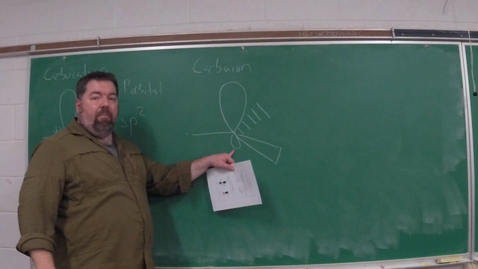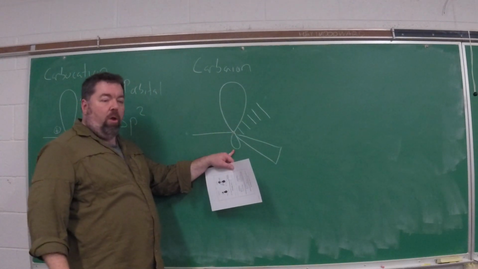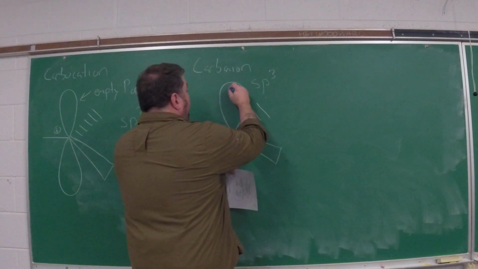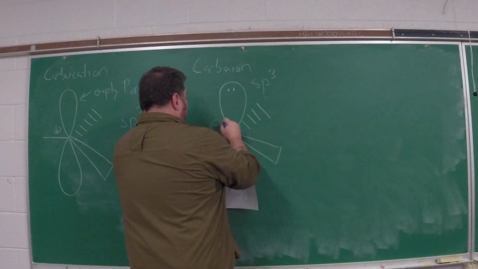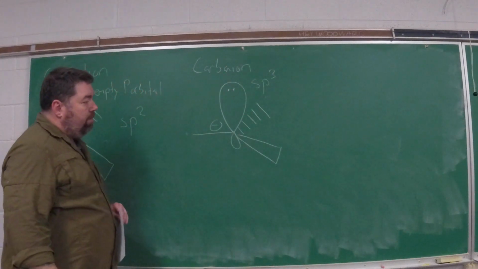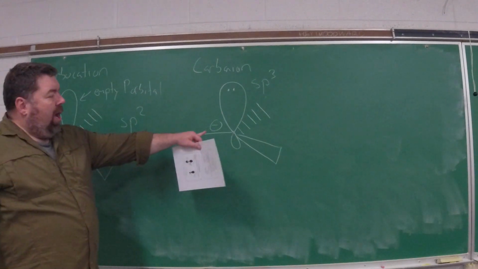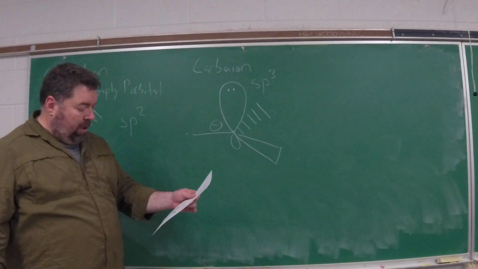Remember with an sp3 hybrid, the lobe on the one side was smaller. So this is sp3, and both of our electrons are in there. Again, empty p orbital, hybridized sp3.